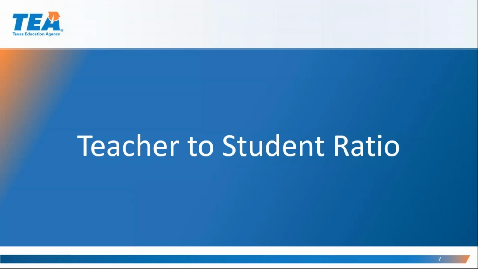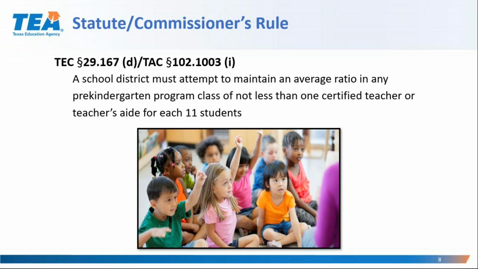So here we go. What are the requirements that focus on teacher-to-student ratio? This slide articulates what is in statute and commissioner's rule regarding ratios for pre-kindergarten programs serving eligible 4-year-old students.